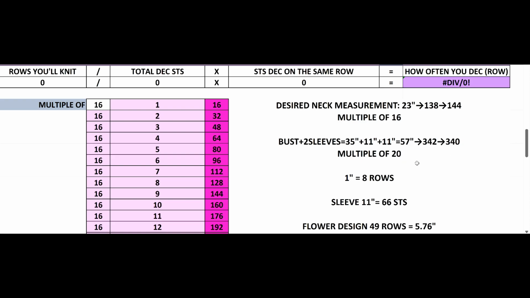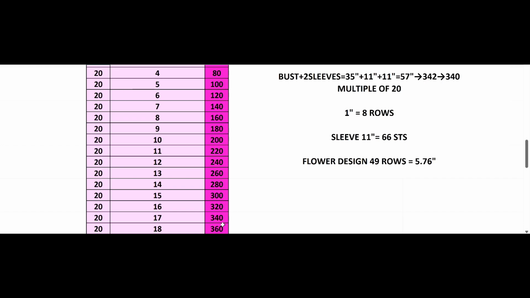However, it says multiple of 20. Then I pick 340. Okay, so a multiple of 20 and close to here, 340. It doesn't really have to be a multiple of 20, but maybe it's easier for everybody to think this way.